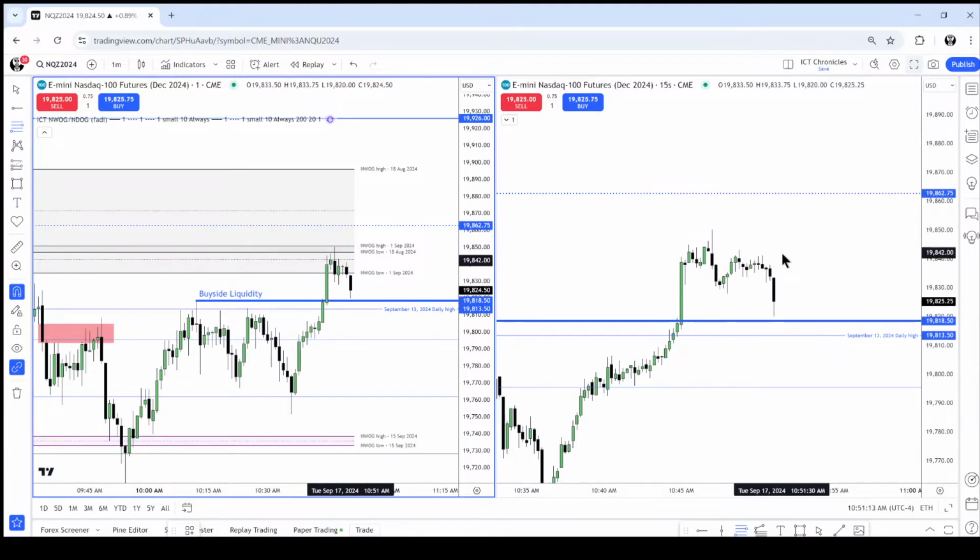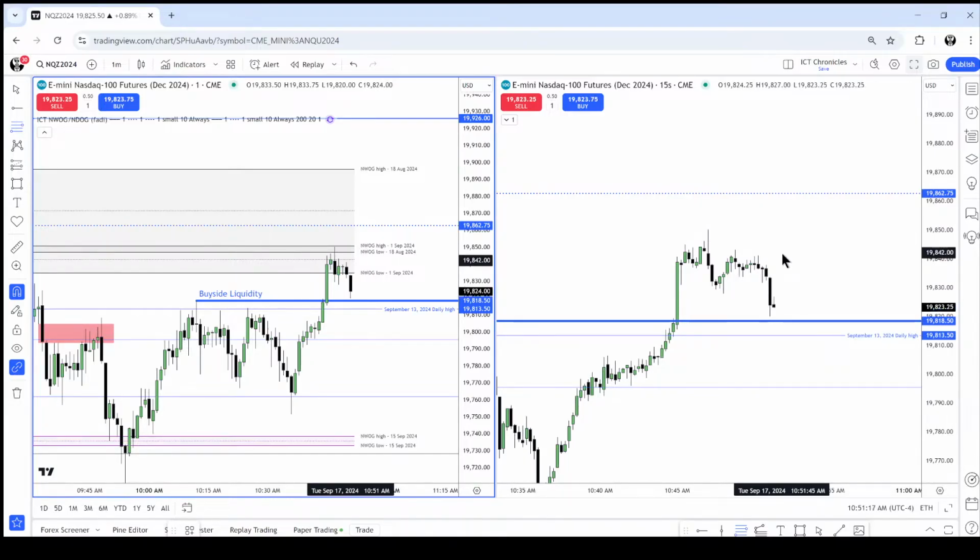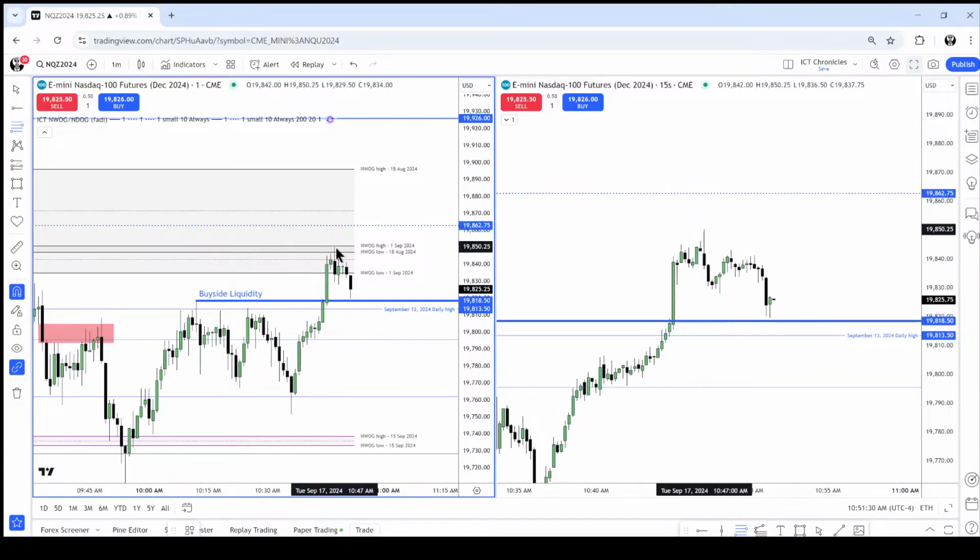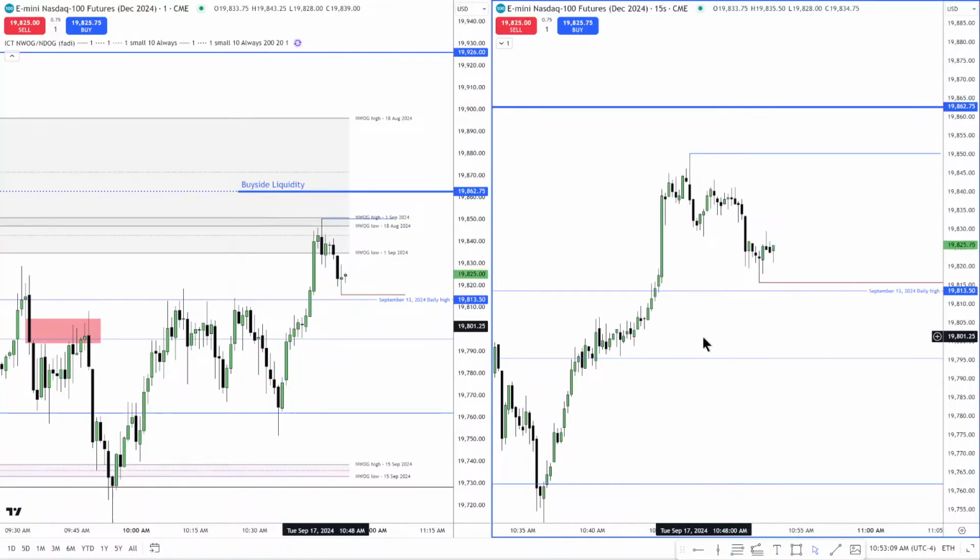Then that could have created a fair value gap. That's what I mean by that. So new week opening gap on September 1st, just about near its high there. All I just did was annotate the minor buy side and sell side.